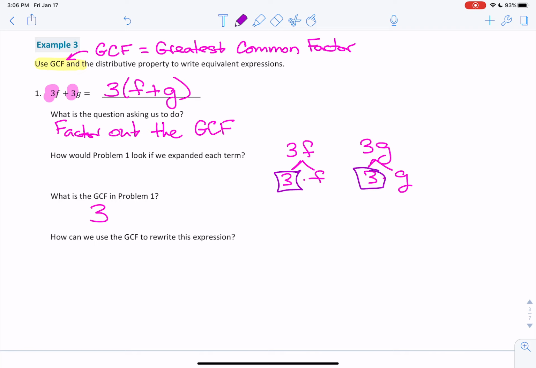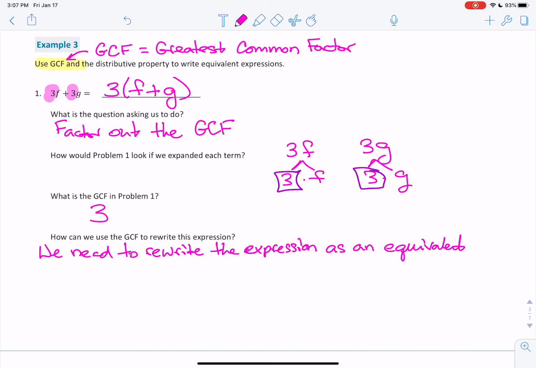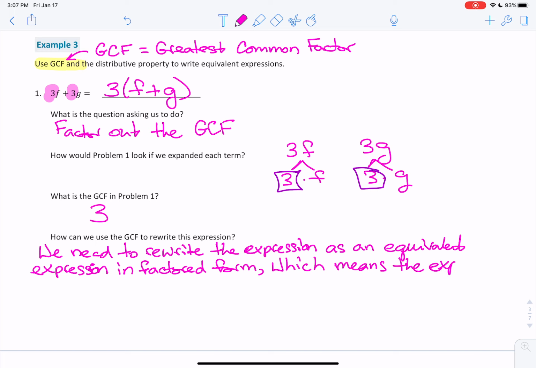How can we use the GCF to rewrite this expression? We need to rewrite the expression as an equivalent expression in factored form, which means the expression is written as the product of factors.